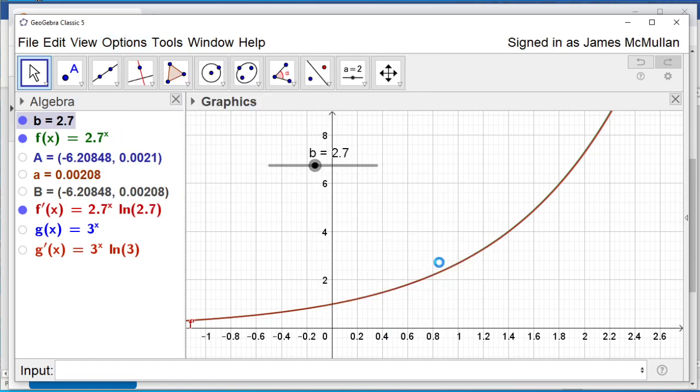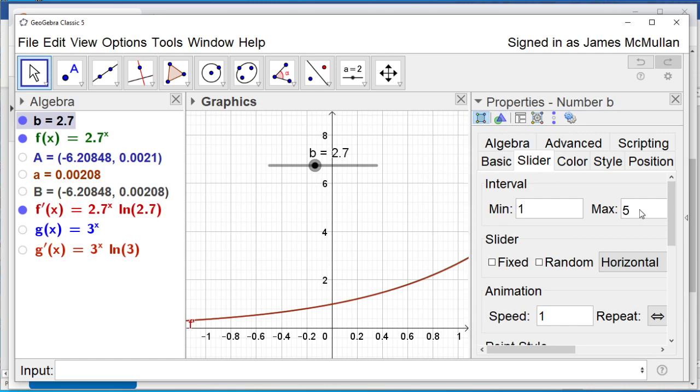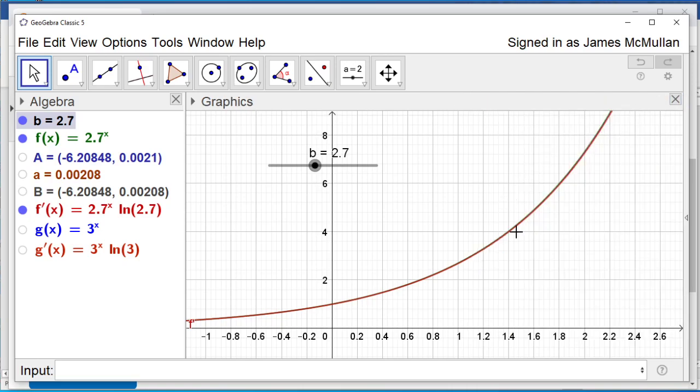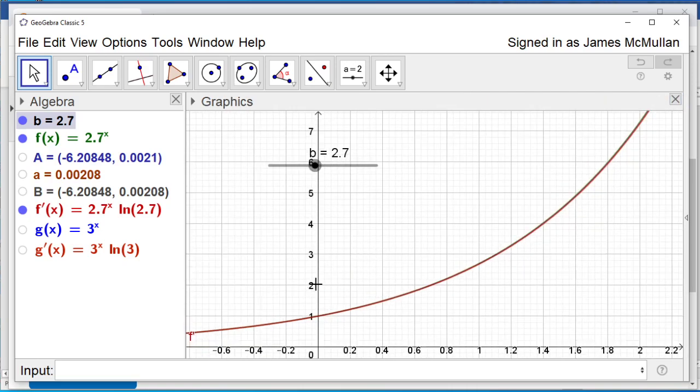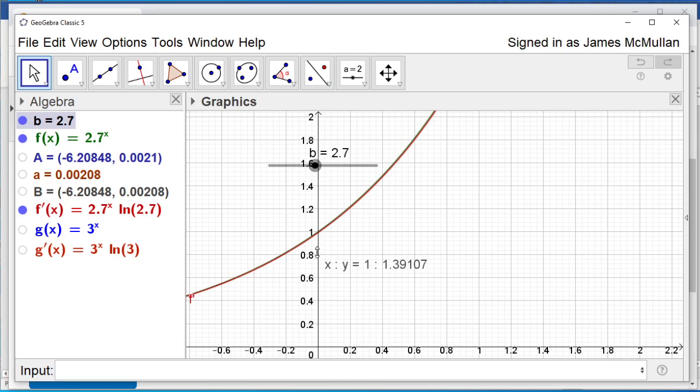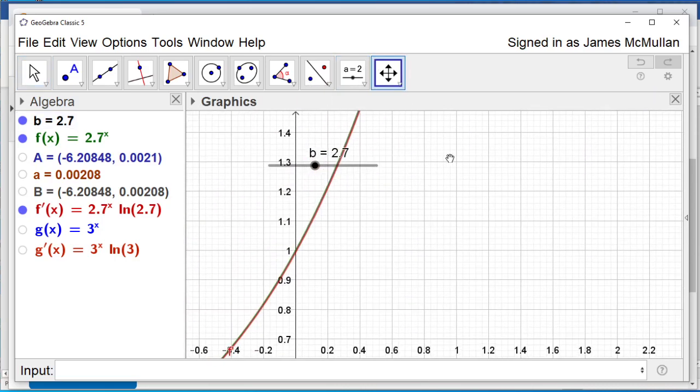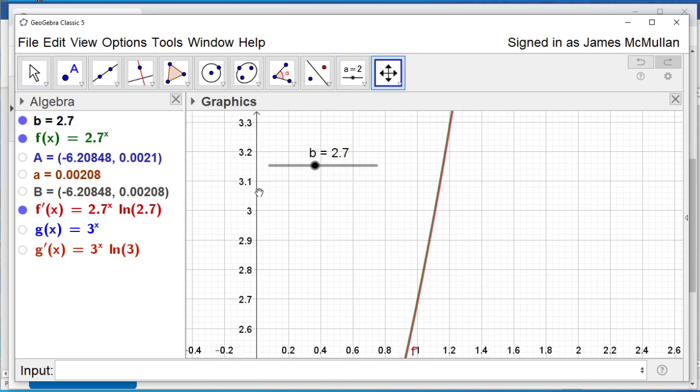Let's try and get it a little closer. Okay, so again, let's zoom in quite a bit so we can try to line them up. Okay, so you can see they're really, really close together here.